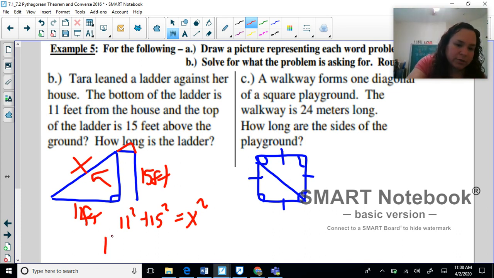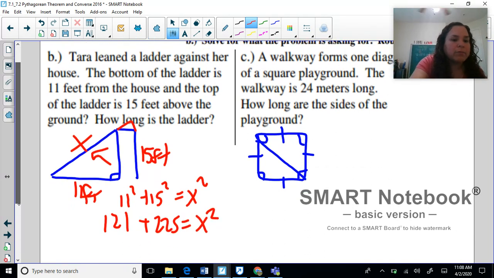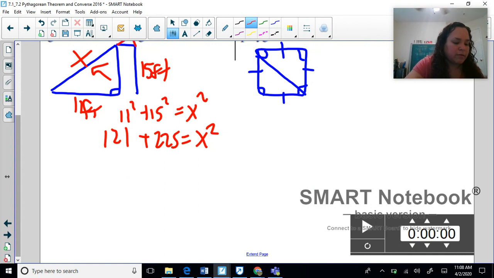11 squared is 121. 15 squared is, I'm pretty sure, 225. Let me just double check. Yes, 225. We're going to add 121 plus 225. That gives us 346 equal to x squared.